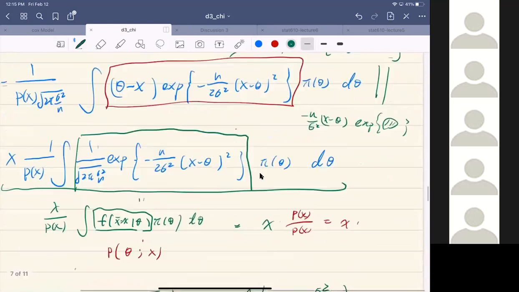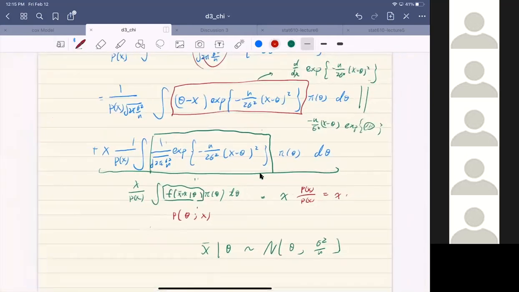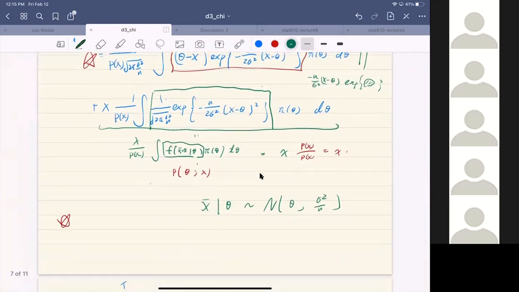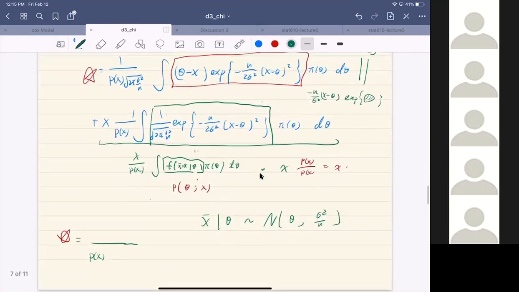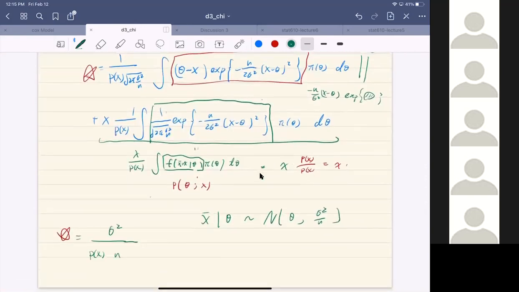So this term will be equal to p of x, n, sigma square.